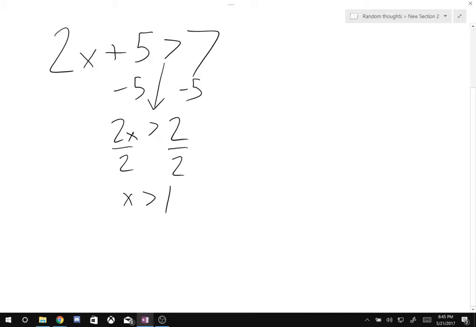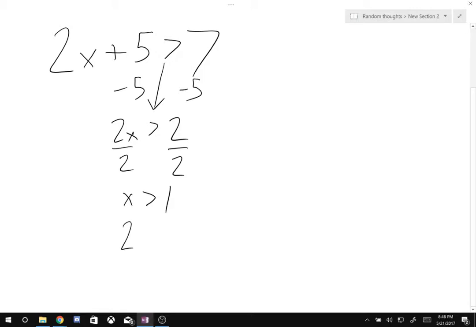So what that means is, any number that we plug in to this first inequality that we started with, that is greater than 1, should result in a number greater than 7. So let's try it. Technically it does mean any number at all, so plugging in a value like 1.000001 would work because that is technically larger than 1, but it's much easier to just use integers.